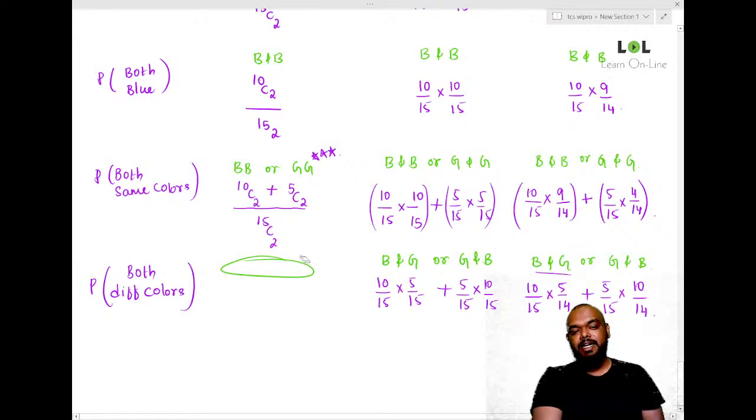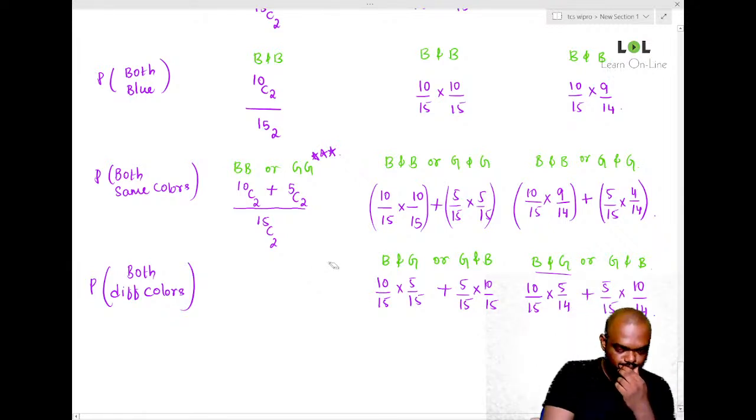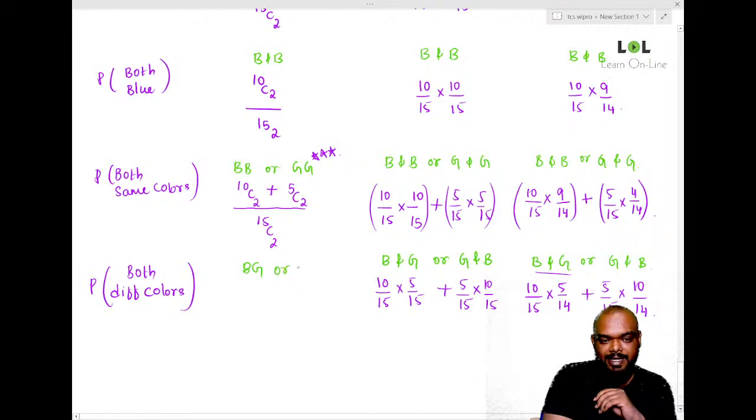What is the probability of getting both different colors? Now, I am asking the condition. I can get blue and green, or I can get green and blue.